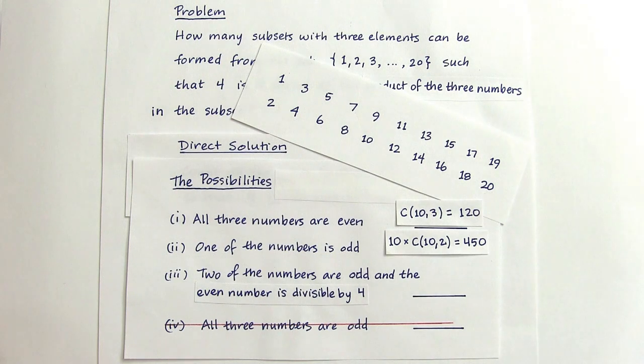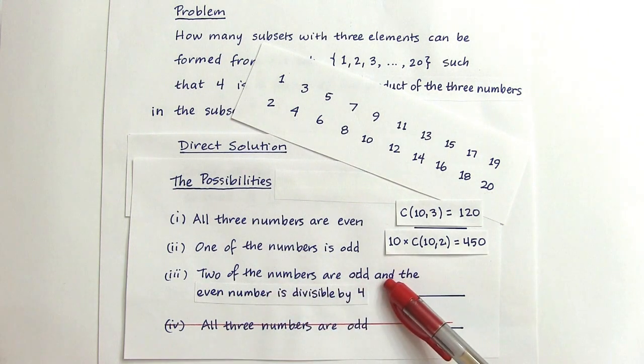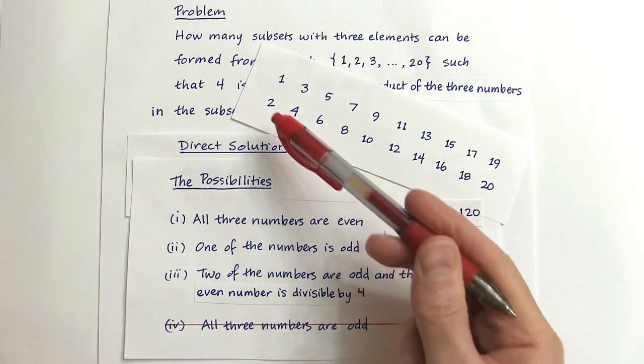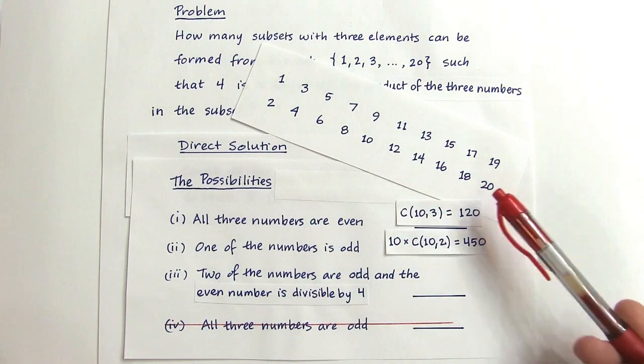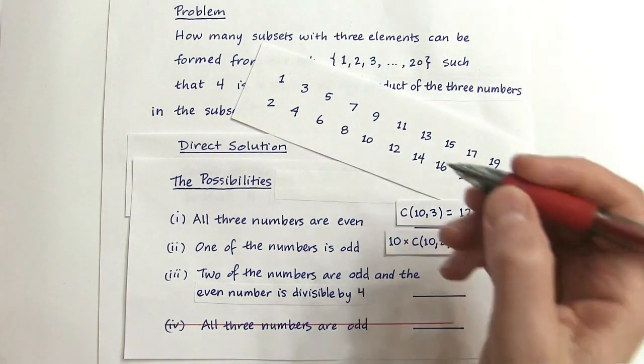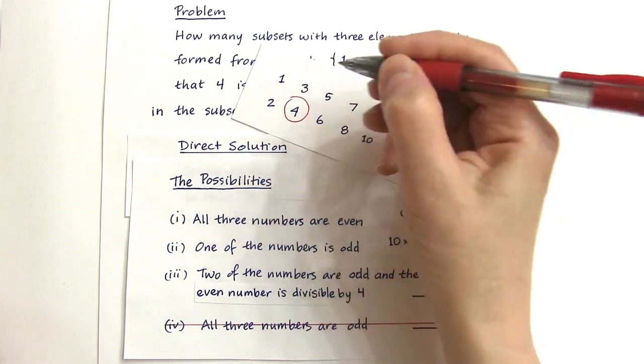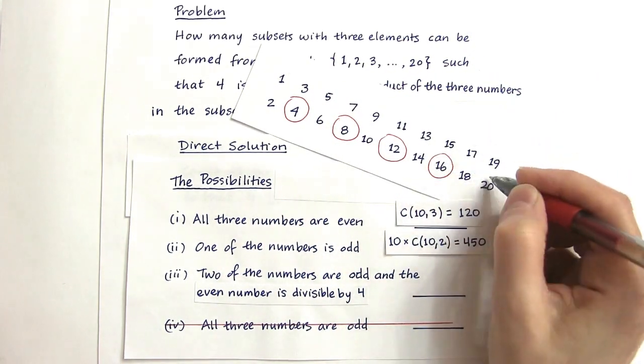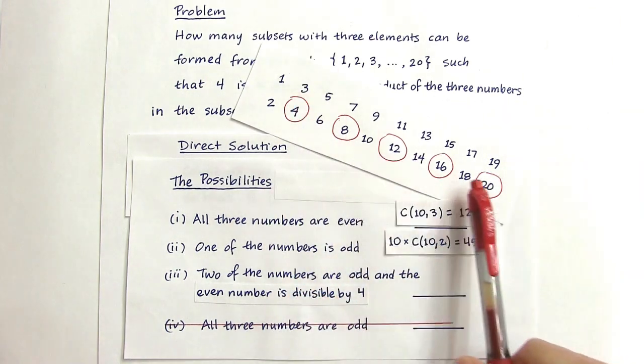Finally, we want to know how to choose 2 odd numbers and 1 even number, but not just any even number. The even number we choose must be divisible by 4. That's these numbers that I'm circling here, every other even number.